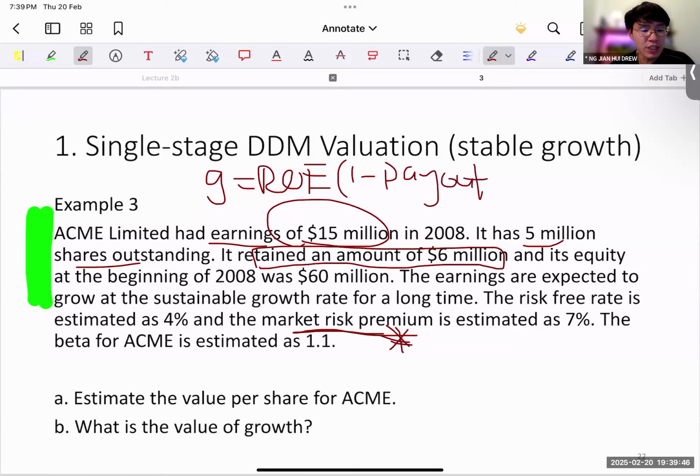Whenever you see a question that gives you this kind of balance sheet figure, immediately go to the idea that I need to calculate g using the sustainable growth rate formula. Because we have earnings, retained earnings, and payout, once all these are in play, straight away think of this. I put a star here that you need to think of this concept of sustainable growth rate.